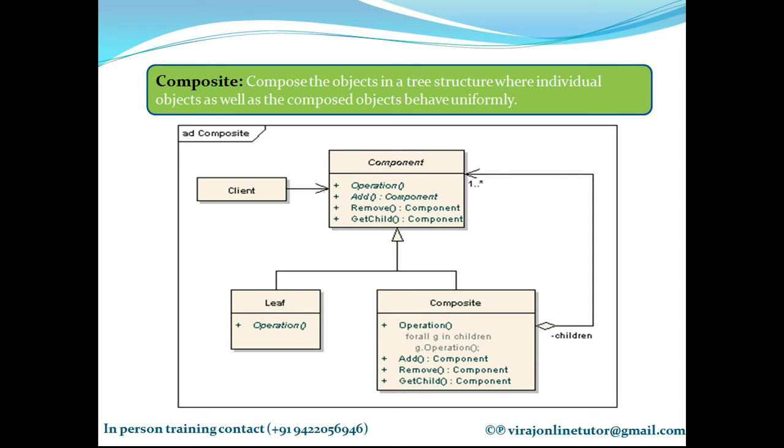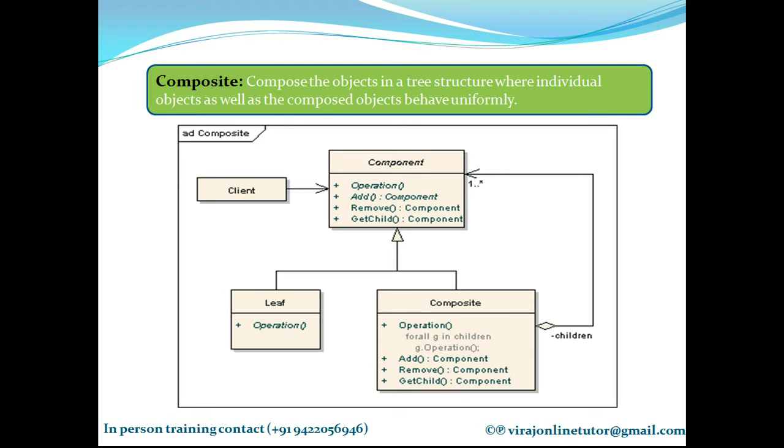Compose the objects in a tree structure where individual objects as well as composed objects behave uniformly. So the composed objects delegate the request to the individual leaf objects. I repeat, composite objects delegate the request to the individual leaf objects.